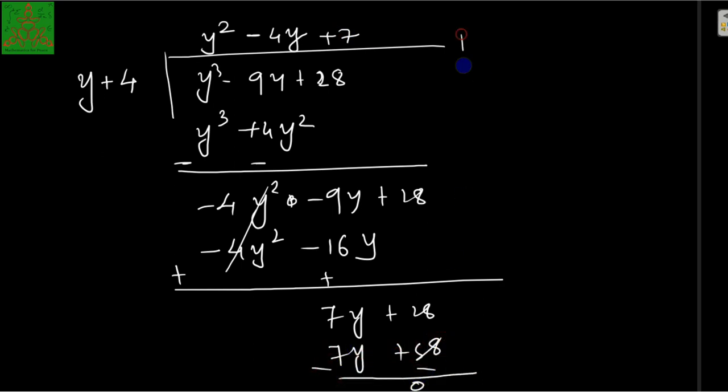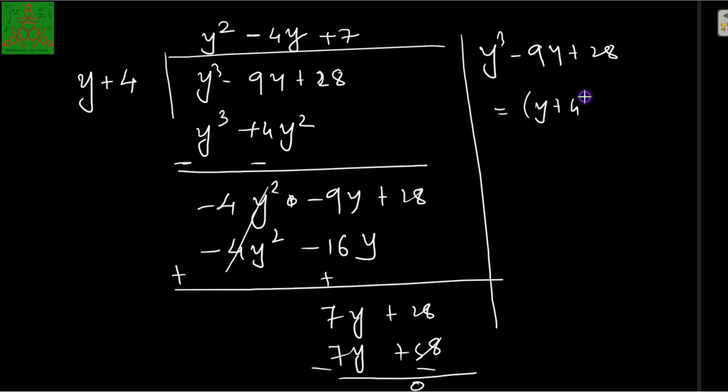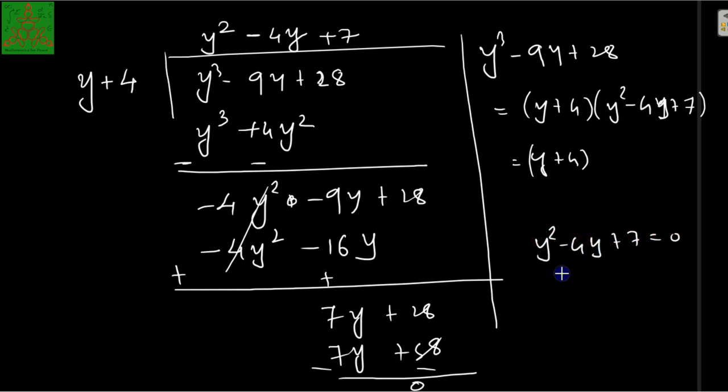Therefore this y cube minus 9y plus 28 is represented as y plus 4 into y square minus 4y plus 7. And you can factorize this further, so I need to calculate the roots of y square minus 4y plus 7, using minus b plus or minus square root of b square minus 4ac.